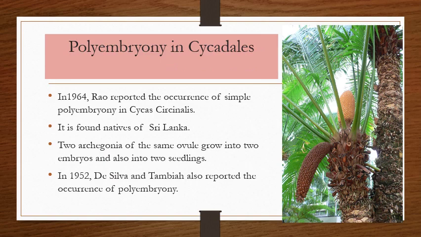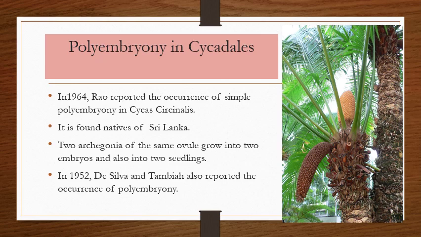Polyembryony in Cycadales. In Cycadales, polyembryony is not a usual phenomenon, but in 1964, Rao reported the occurrence of simple polyembryony in Cycas circinalis. It is the only gymnosperm species found among natives of Sri Lanka.